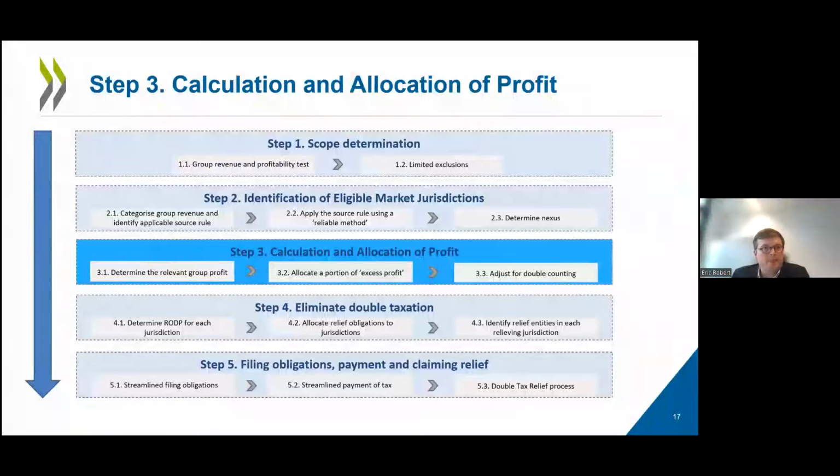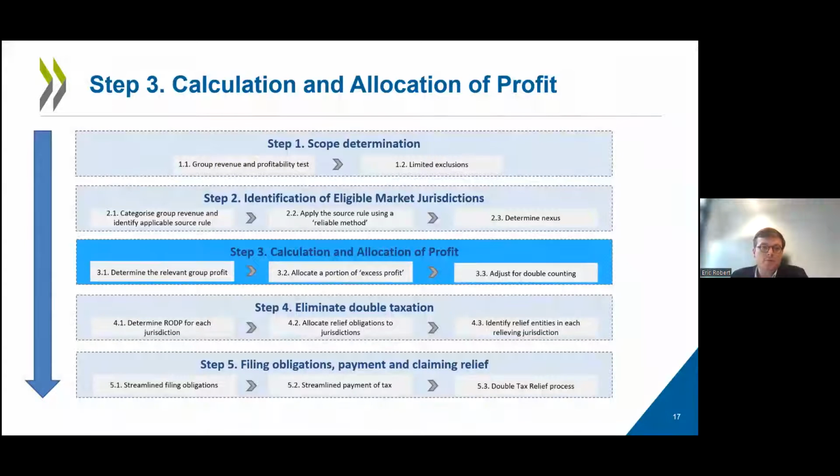Thank you, Jesse. And so basically we get to step 3 here. So we know whether the group is in scope or not. We know where it derives its revenue, and which are the markets that are potentially entitled to tax a amount of profit.